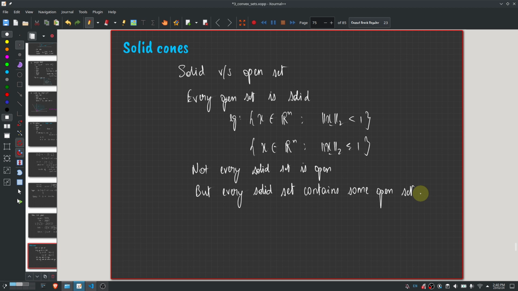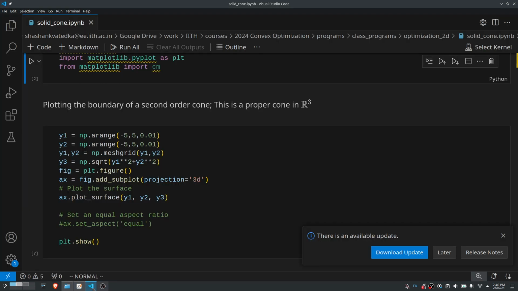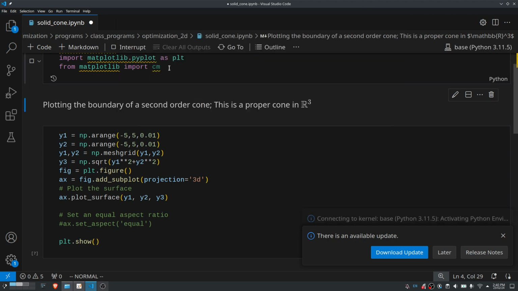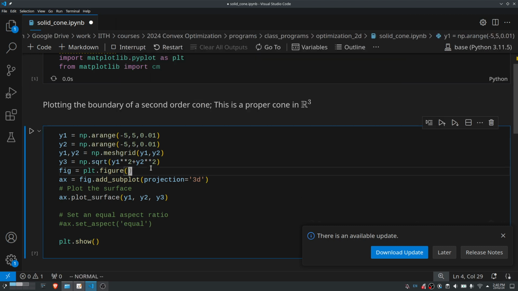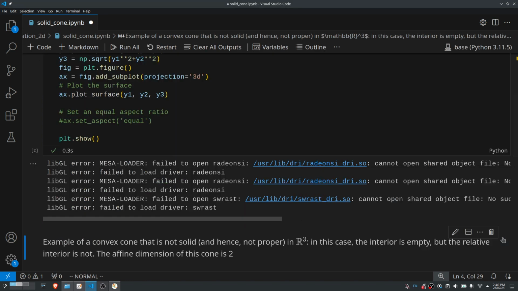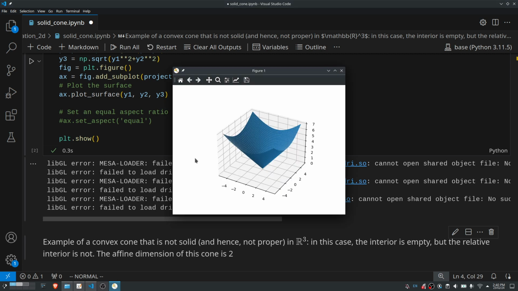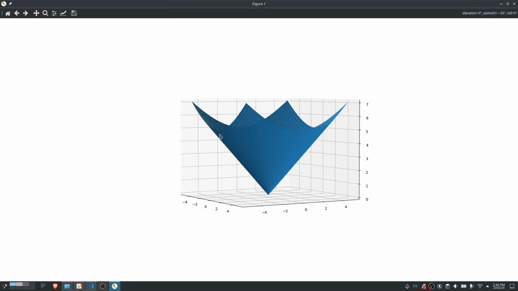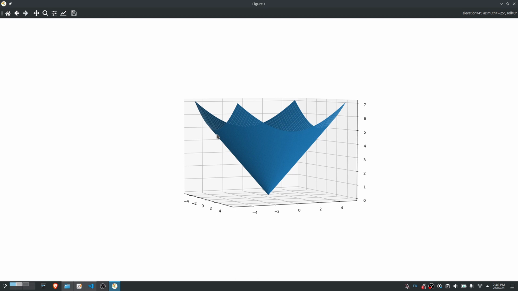One example in R3 of a proper cone was the ice cream cone. This basically is the boundary of the ice cream cone.